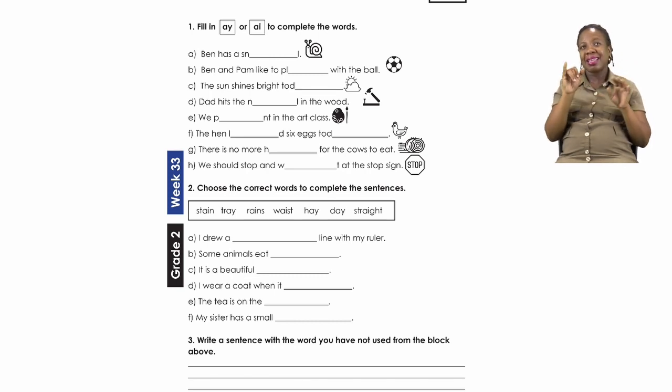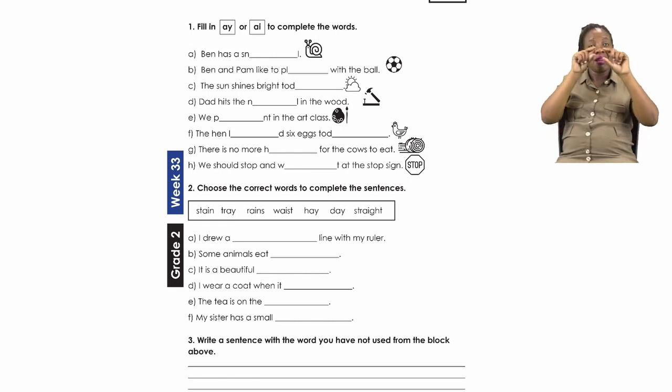Now you must read the sentence and then you must choose the correct word to complete each sentence. And then for number 3, it says you have to write a sentence with the word that you have not used from the block above.